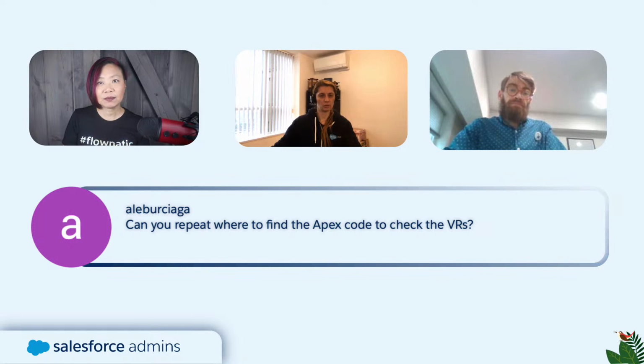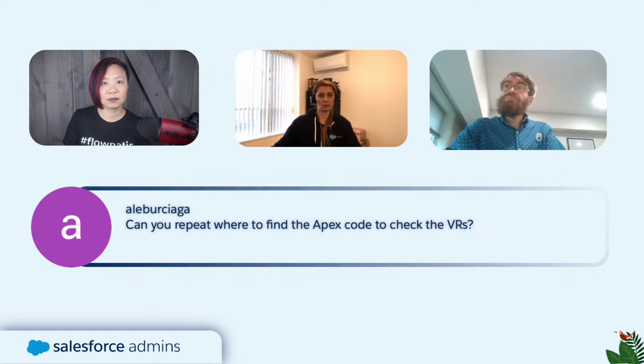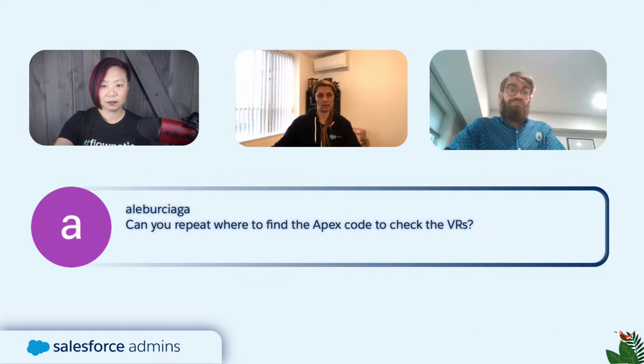The best thing on Trailhead is you can actually follow the scenario and build in your own org. You're building that muscle memory when building flows and also understanding how the processes work and how you can apply those flows to your own business problems and use cases at work.